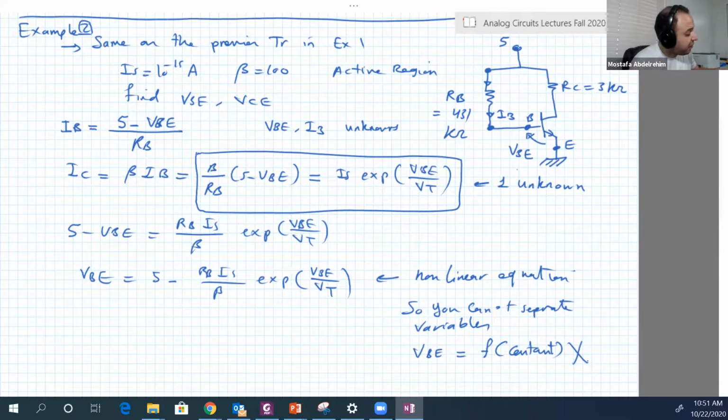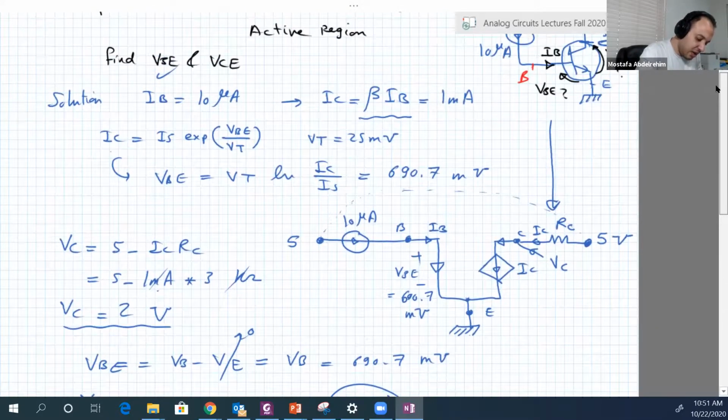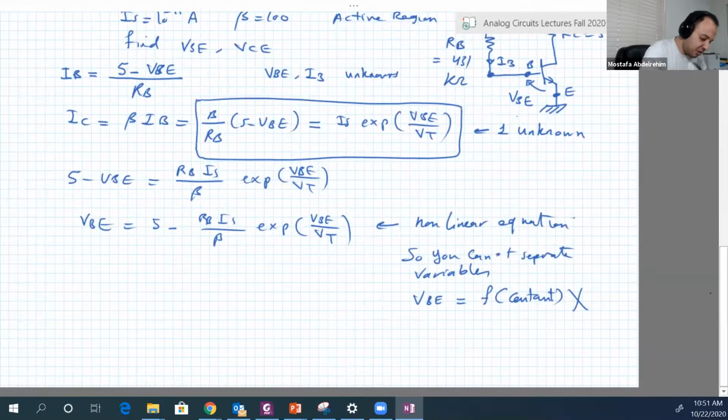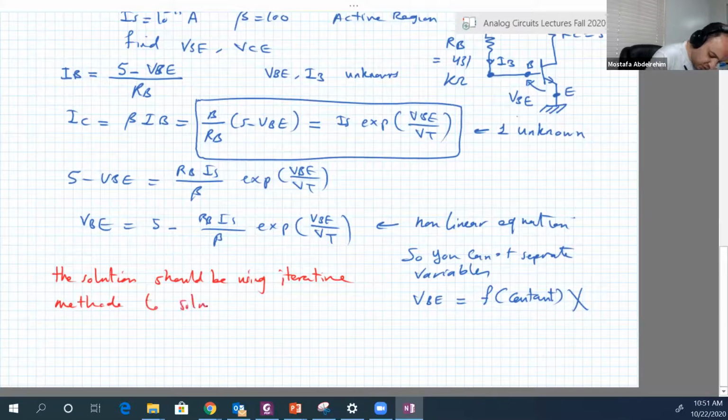And in this particular example, if you do the iterations, actually you will get the same as the previous question here. So IB, everything will be the same. The solution, let me write this down. The solution should be using an iterative method to solve, let's call this equation 1, to solve equation 1, which is nonlinear.